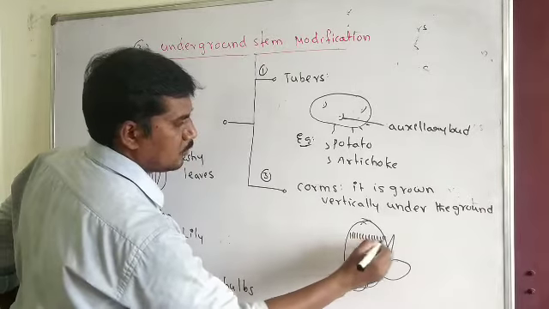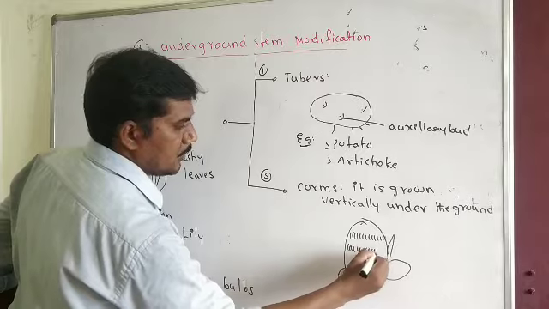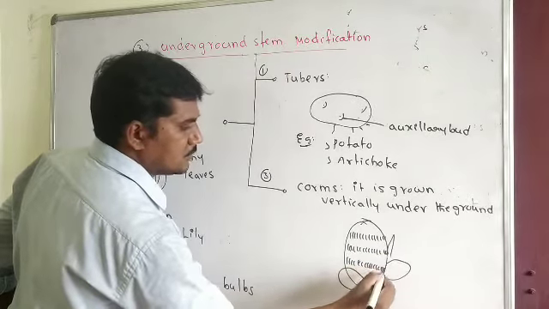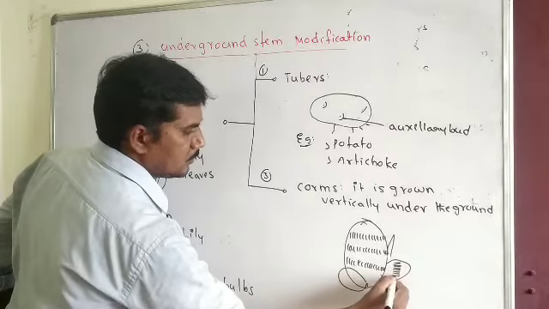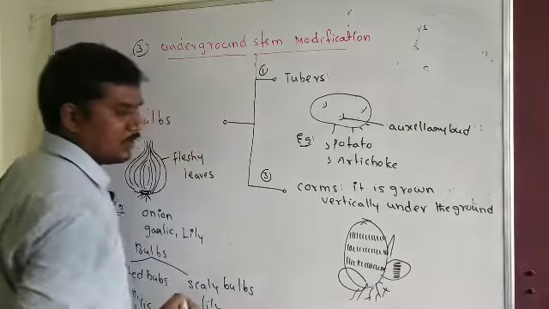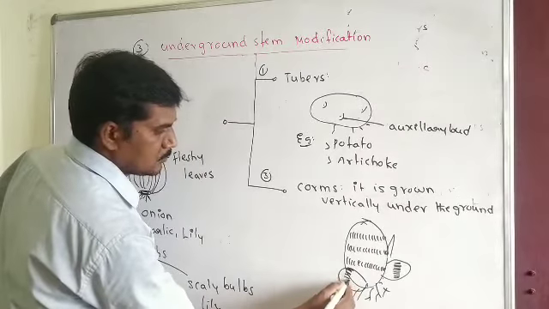They also consist of nodes, internodes, buds and scaly leaves, and also adventitious buds.